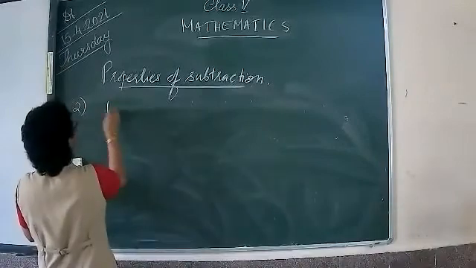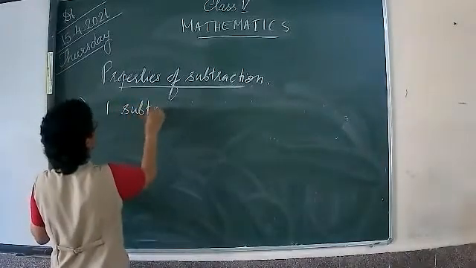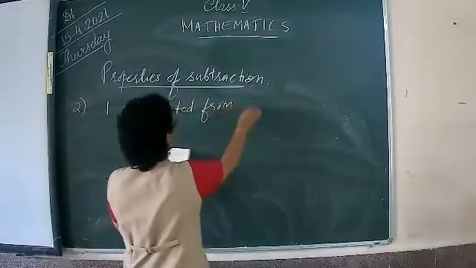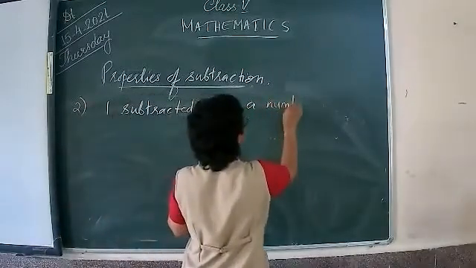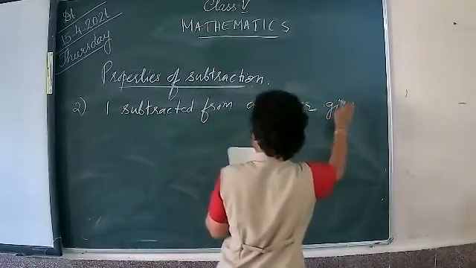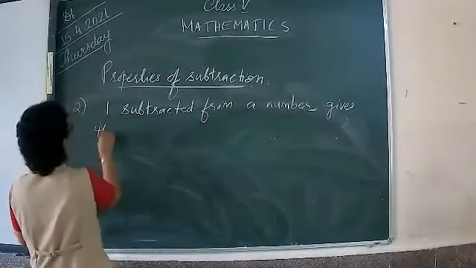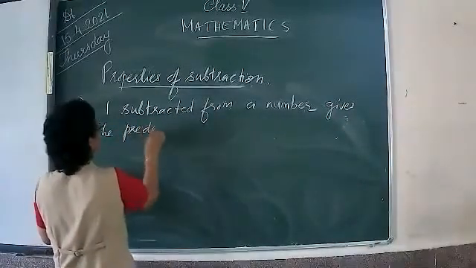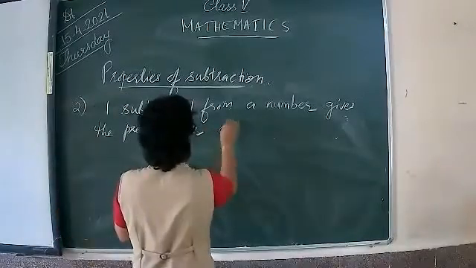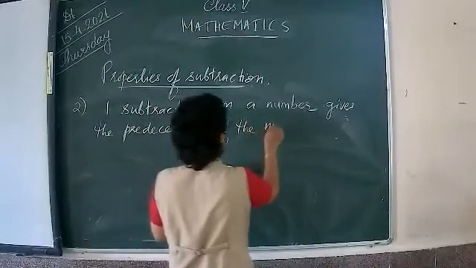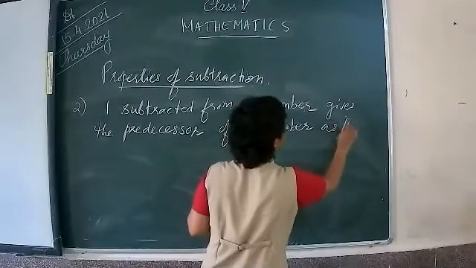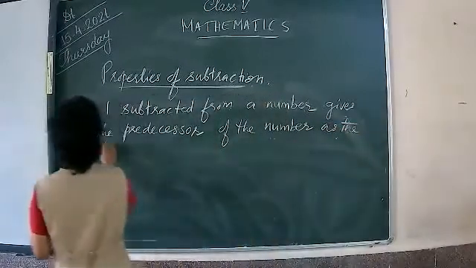Second property: 1 subtracted from a number gives the predecessor of the number as the difference.